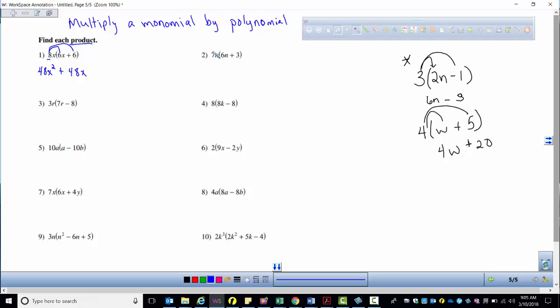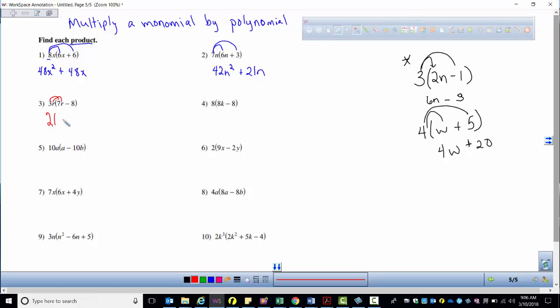Okay, let's try this next one together. 7 times 6 is 42. N times n is n squared. 7 times 3 is 21. This one has an n, this one doesn't, so we just need one n. The next one, 3 times 7 is 21.